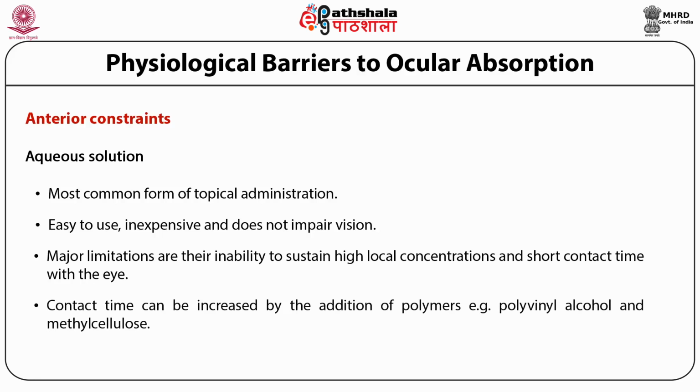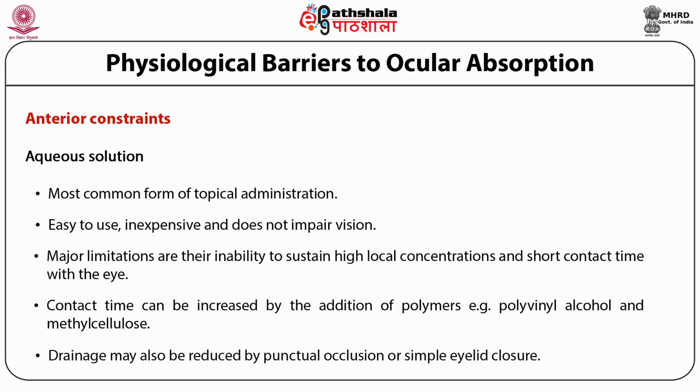The contact time can be increased by addition of polymers, for example polyvinyl alcohol and methyl cellulose. These polymers primarily give body to the aqueous solution and also help in increasing the retention time. The drainage may also be reduced by punctal occlusion or simple eyelid closure.